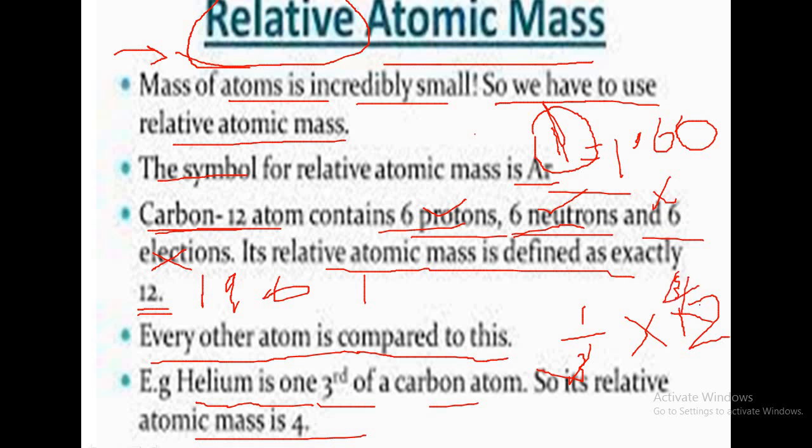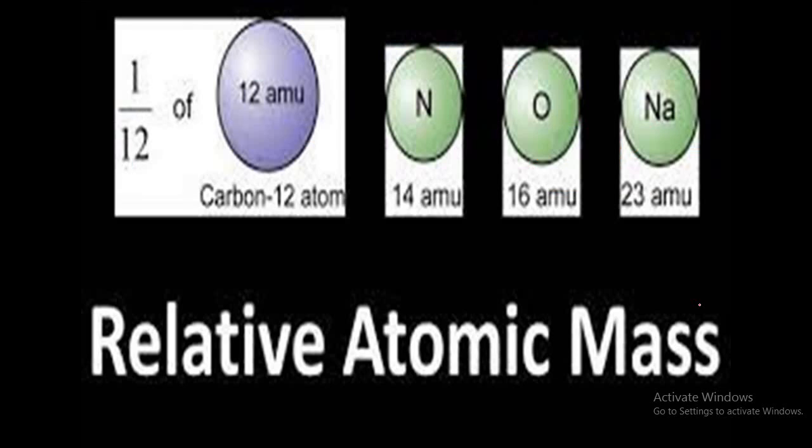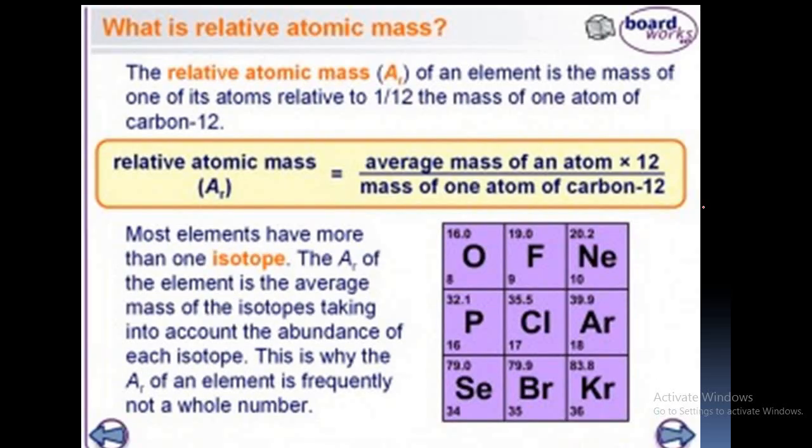Now relative atomic mass, simply by the picture you can understand: 1/12 of 12 AMU for carbon. So 12 and 12 cancel, so 1 AMU. Nitrogen's atomic mass is 14 AMU, oxygen's atomic mass is 16 AMU, sodium's atomic mass is 23 AMU.